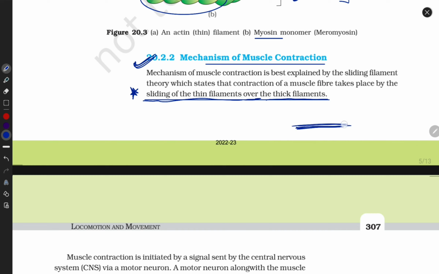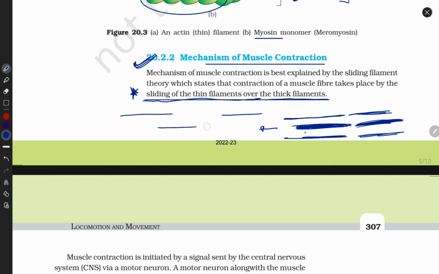This is the thick filament. If contraction occurs, then the thin filament covers the thick filament. This is the actin and this is the myosin. If the cell is relaxed, with no stimulus, then the orientation is like this. Clear, guys?